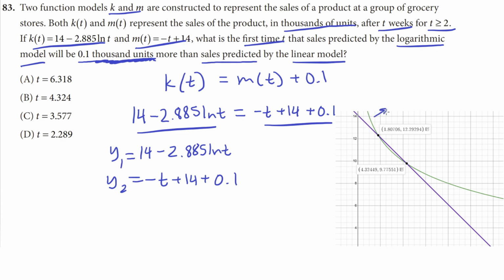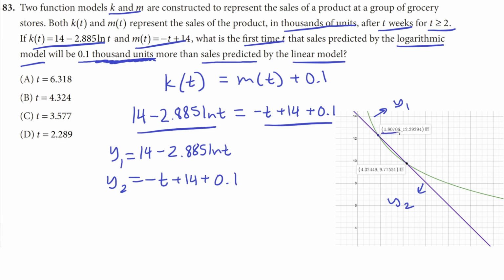So this logarithmic looking function, the green one, is y1, and the purple one, that's linear, is y2. To find the value of t that satisfies both sides of this equation, we can look at the points of intersection between y1 and y2. And we see there are 2 points.